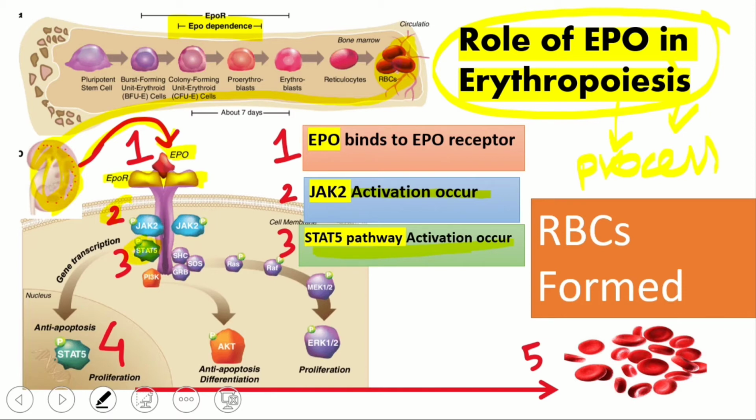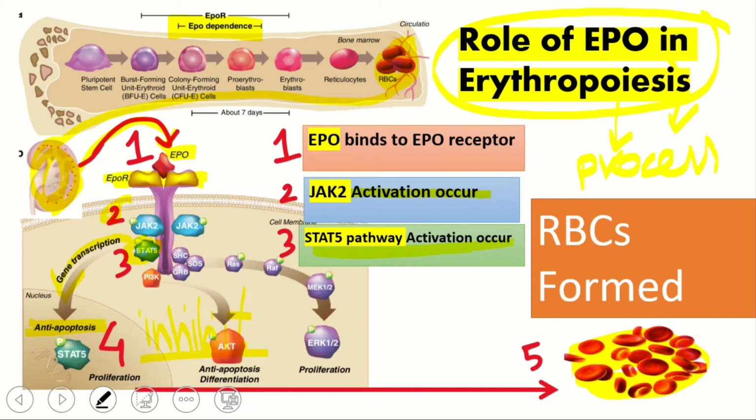Different pathways are activated again, and the effect of this activation is that it will act as an anti-apoptosis, means it will inhibit the apoptosis. Like we know, apoptosis is the cell death, and before this process was occurring, these RBC precursors were killing themselves, they were dying.